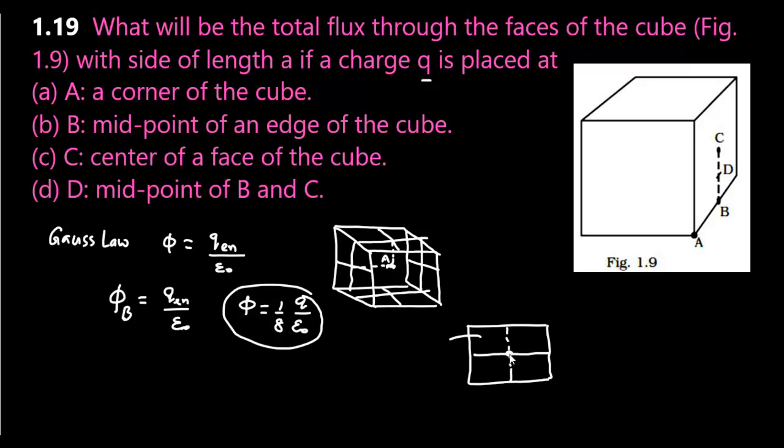If we place a charge q here, the flux through this big cube is q by epsilon naught, and the given cube in our case is 1/4 part of this big cube. So for part B, we have the result 1/4 q by epsilon naught, meaning 1/4 of the total flux is shared by this cube.